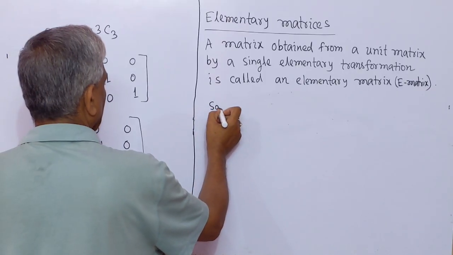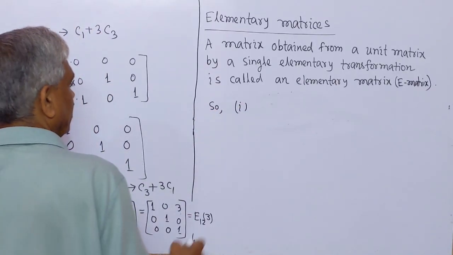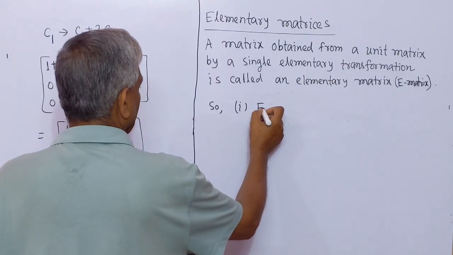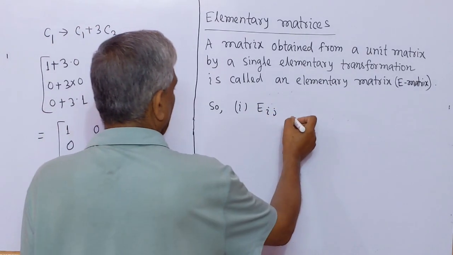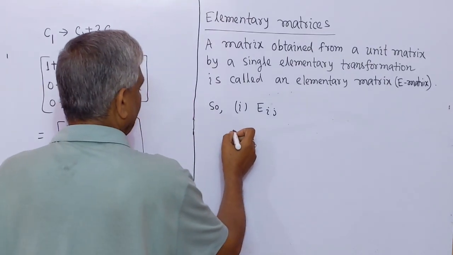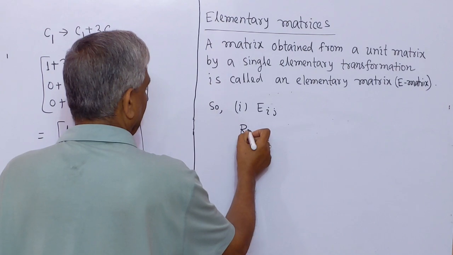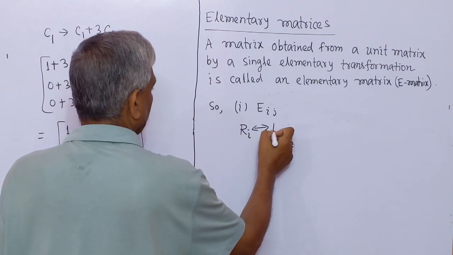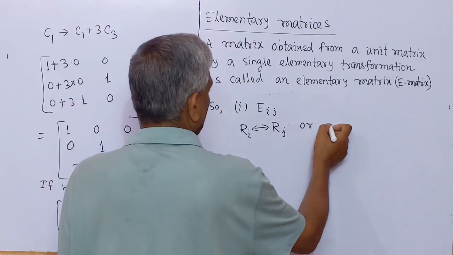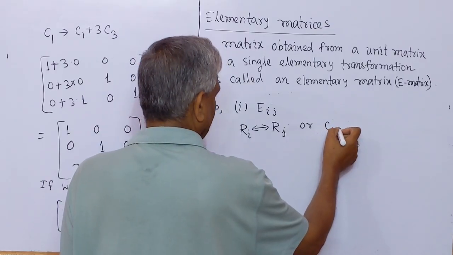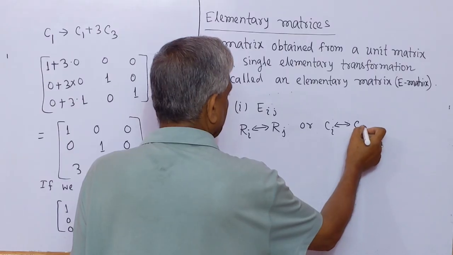So, number 1: the elementary matrix denoted by Eij is obtained by interchange of row i and row j, or the ith column and jth column.